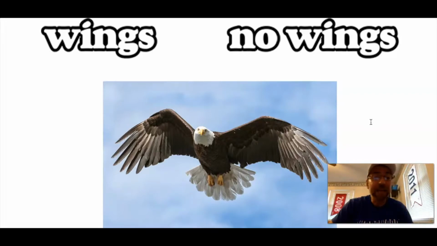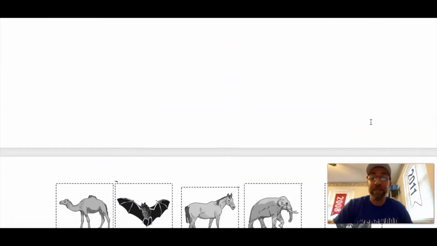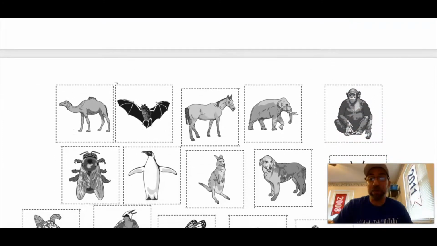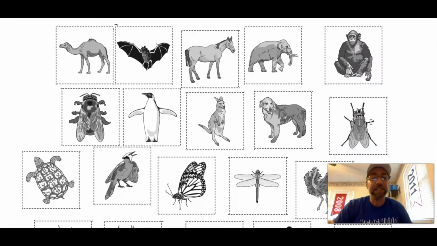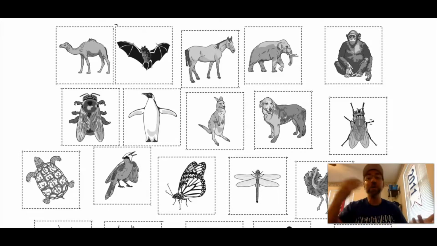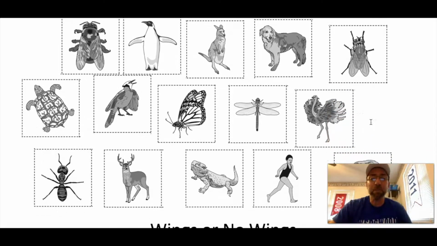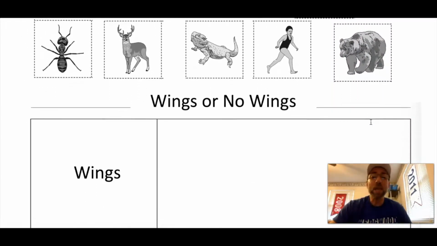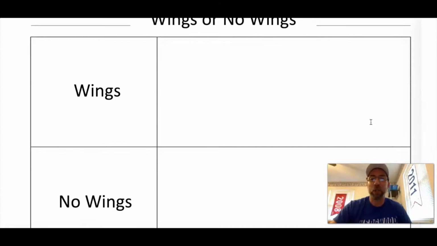So today, we're going to be looking at some animals, and we're going to have to decide whether the animal has wings or no wings. And then I'm going to put the animal right inside my tally chart.